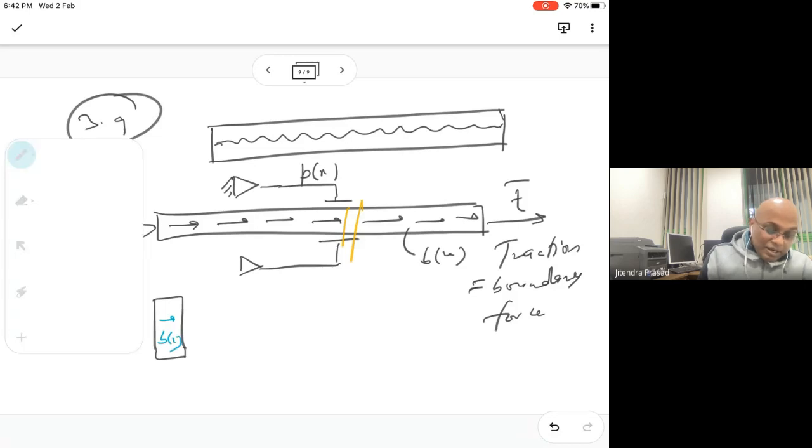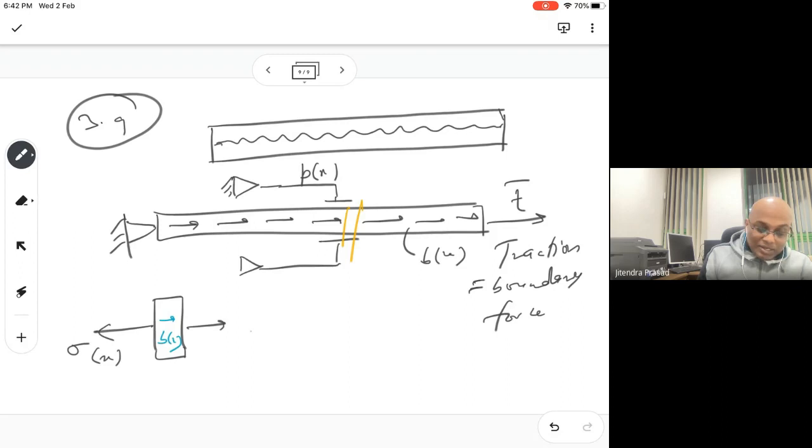Then, as we did earlier, we have sigma x, then you have sigma x plus d sigma over dx term here. That's how we will do. And then we also have this px. The px is the distributed spring.